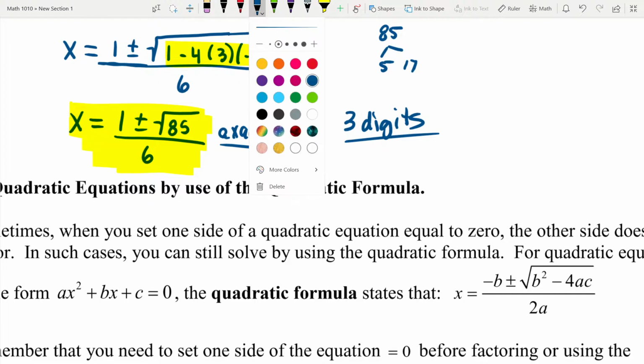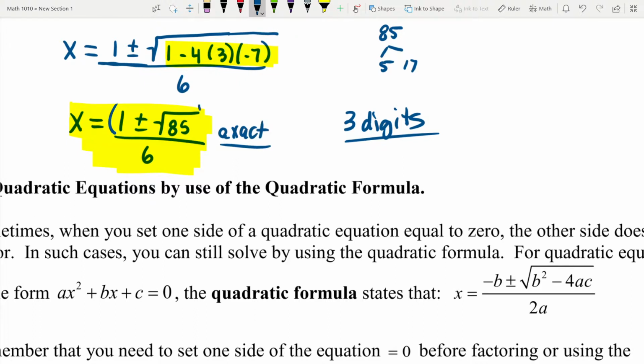Okay, everybody go to that answer, and I want you to add parentheses around the top. If you don't add parentheses around the top, the calculator will not understand what you're trying to say. Okay, so everybody go parenthesis 1 plus square root of 85. Now listen, you have to close off the 85, so close once. Then you have to close off the what? What's the next close?